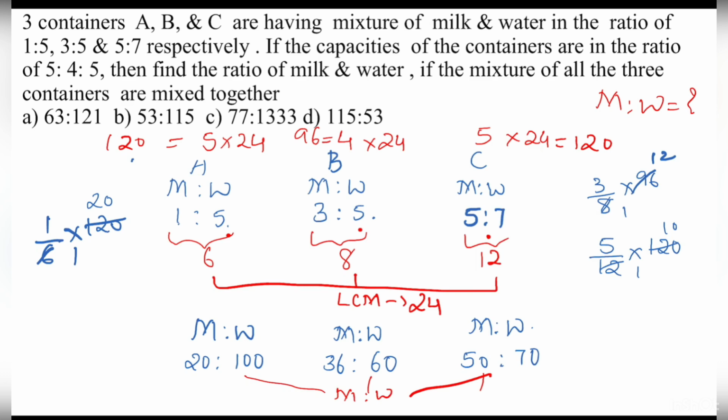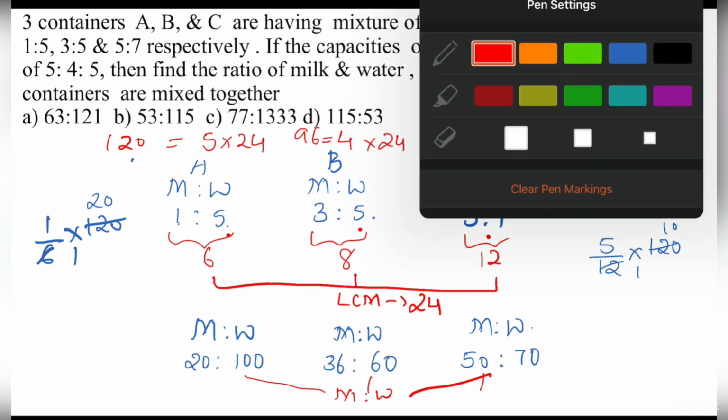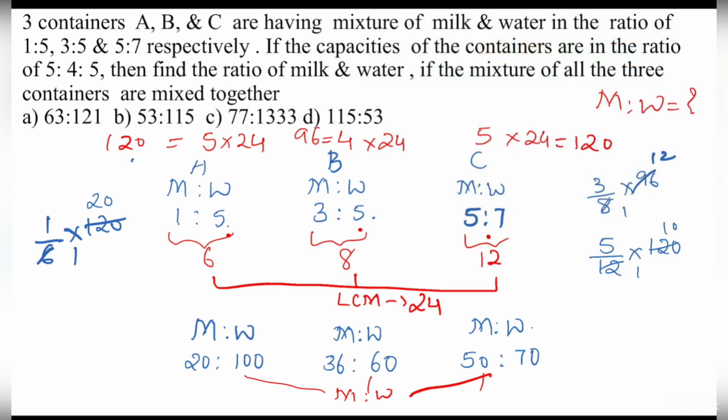Okay, so milk from here, here and here, if I all together are poured, then how much it will be? 20 plus 36 plus 50 is 106 is to 100 plus 60 plus 70 is 230. So milk is to water, in the new ratio it will be 106 is to 230.